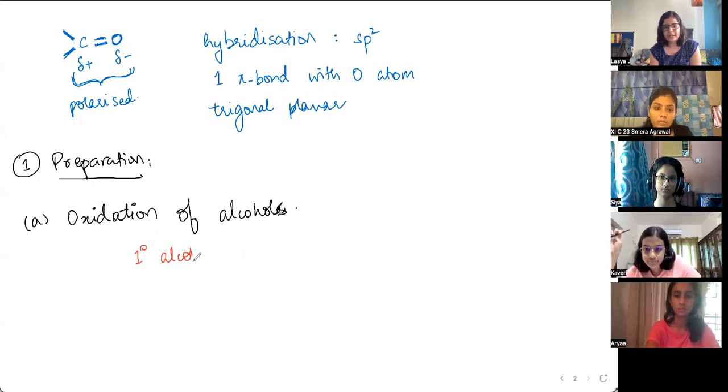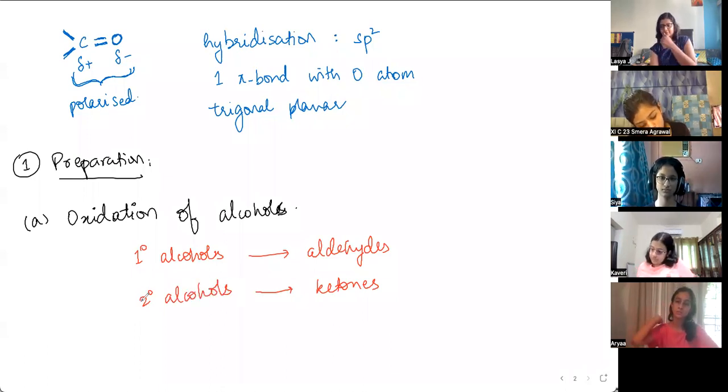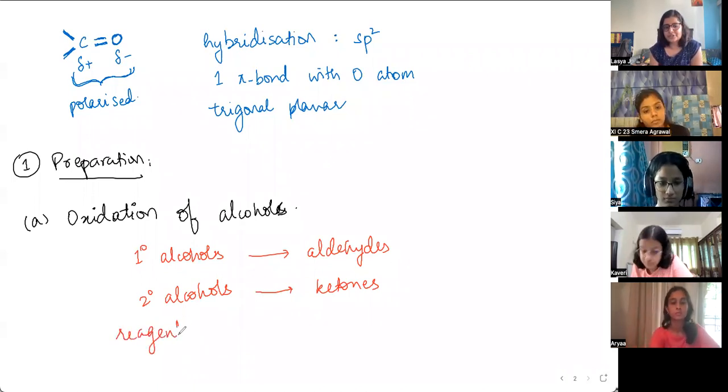Yes, primary alcohols, which have the OH at the end of the chain, will give me aldehydes. And for ketones, secondary alcohols. So, reagents that you can use, oxidizing agents.